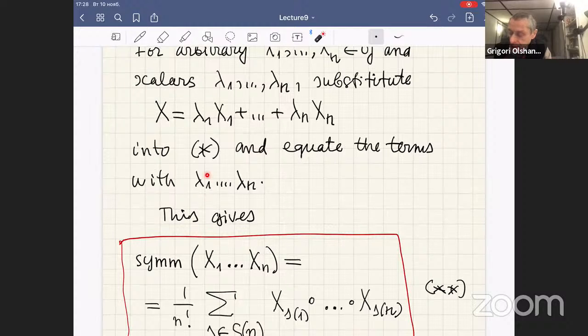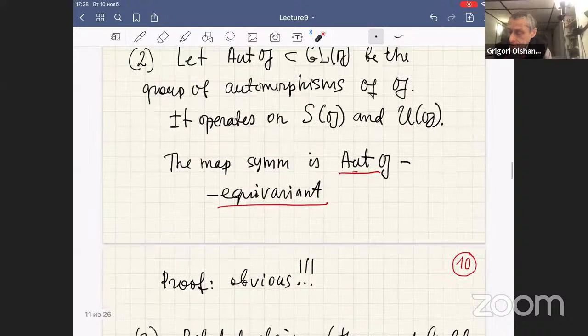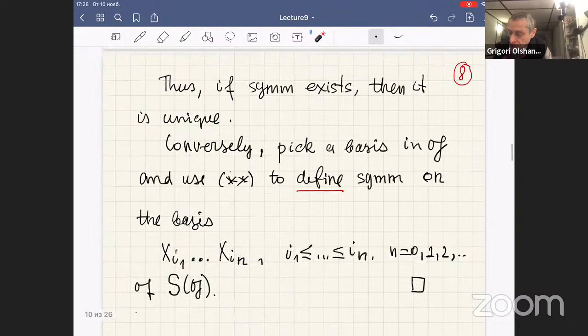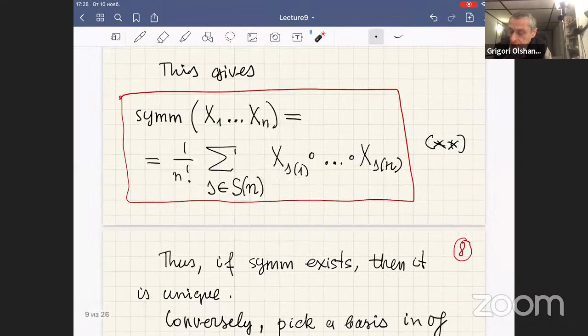And this gives us the following. The image under our map of this monomial is equal to the symmetrization in the universal enveloping algebra. So we take arbitrary permutation, we permute these letters in any possible way, and to compensate, divide by n factorial.